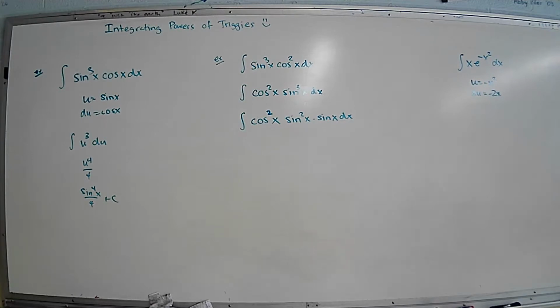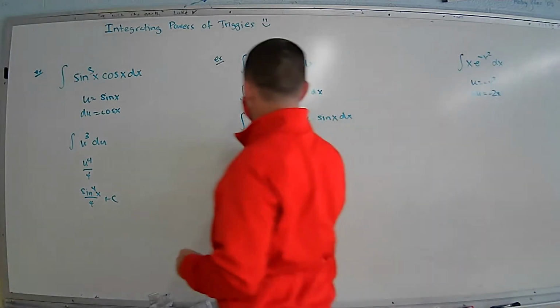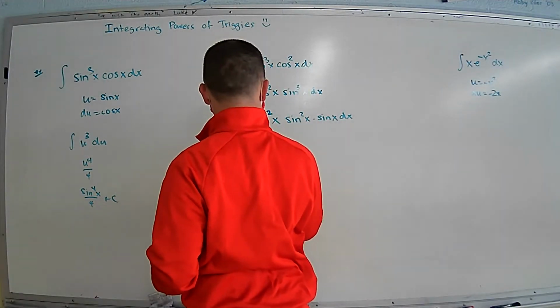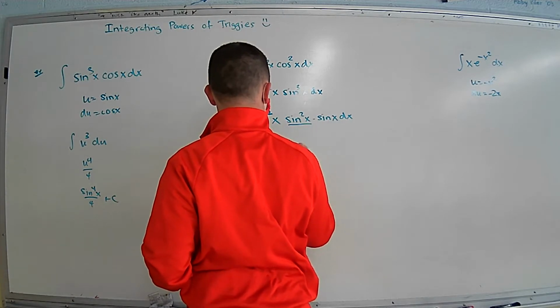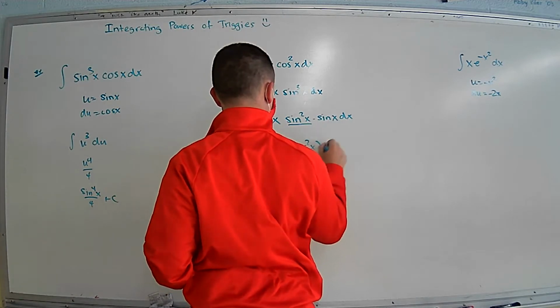So if that sine of x is going to be the du, that means I've got to get this entire problem, except for that sine of x, in terms of what? Cosine. Can you do that? Sine squared is AKA 1 minus cosine squared.